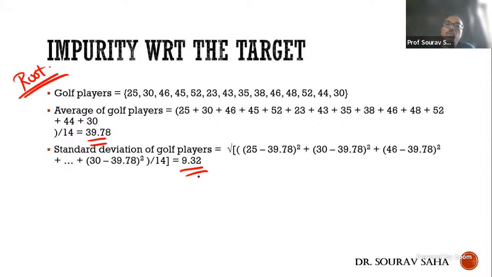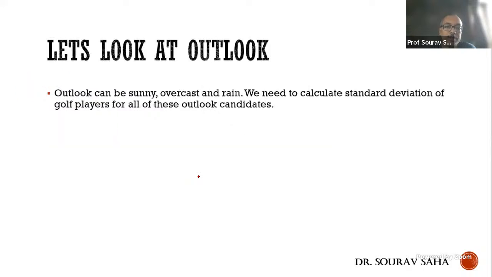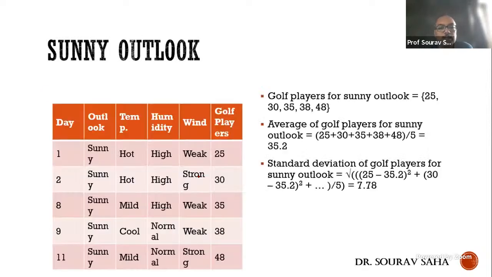Again, here I need to build the decision tree. First, like we have done before, we will select the various attributes and see on which attribute I am able to do a good split. Let's look at the outlook. The outlook can be sunny, overcast, and rain. Let's calculate the variance, or the standard deviation, whatever you want, for all these outlook candidates. This is how the outlook data looks.